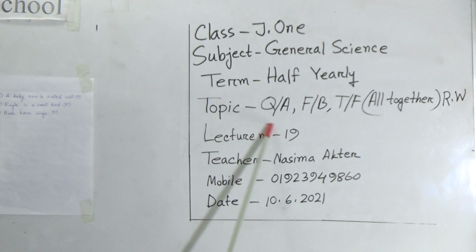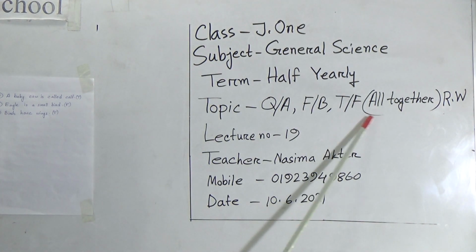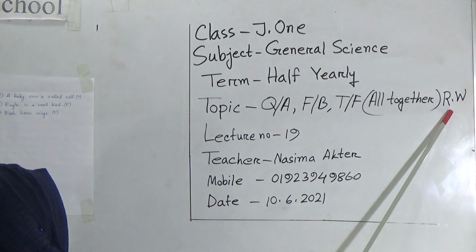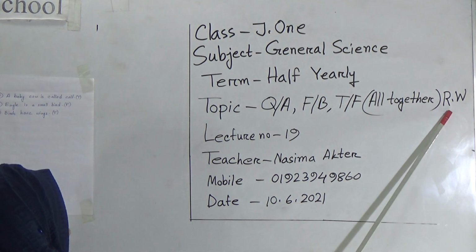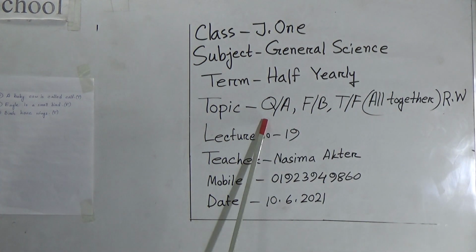Our today's topic is question answer, filling the blanks, true false all together, and this is RW class. And today we will revise all of these topics based on our half-yearly exam syllabus. So dear students, let's start the class.